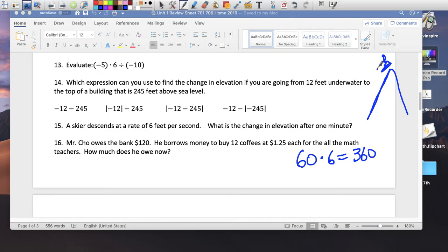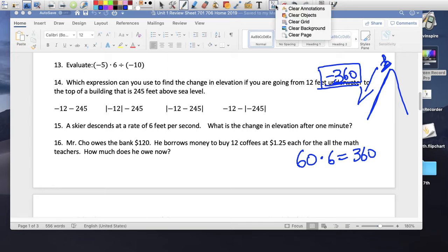So the change in elevation means that after 1 full minute, this guy is going to be negative 360 from wherever he started. Wherever he started, take away 360, and that's going to be his new elevation.